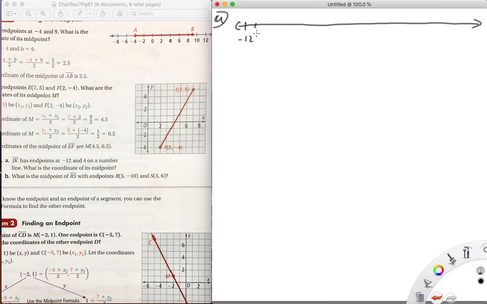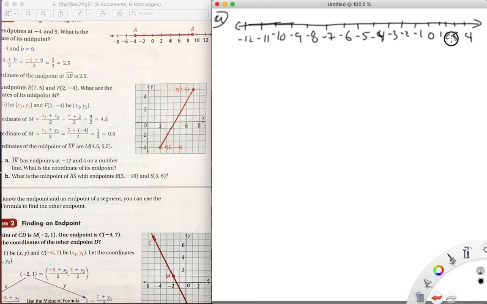Let me draw the number line: -12, -11, -10, -9, and so on, -2, -1, 0, 1, 2, 3, 4.